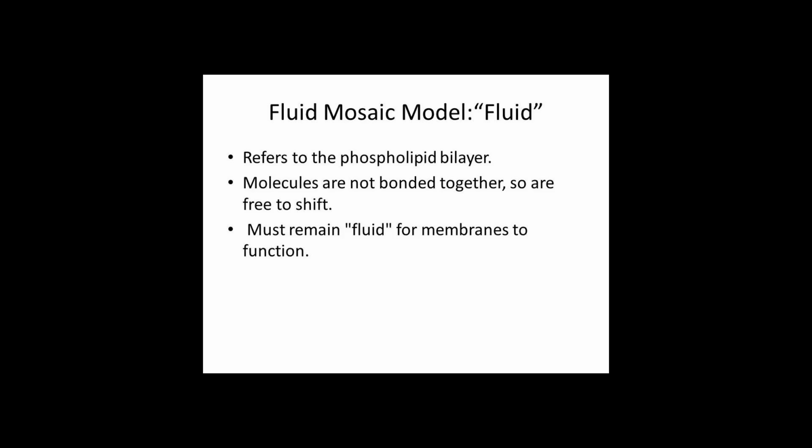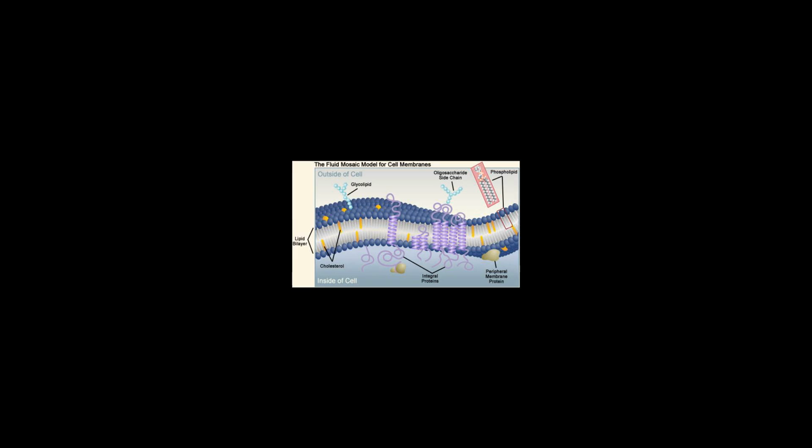Then, they suggested a model for the cell membrane, consisting of a lipid layer surrounded by protein layers at both sides of it.